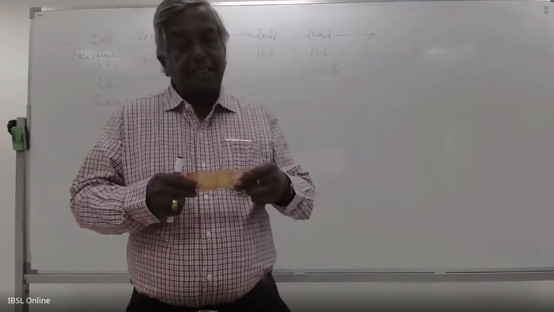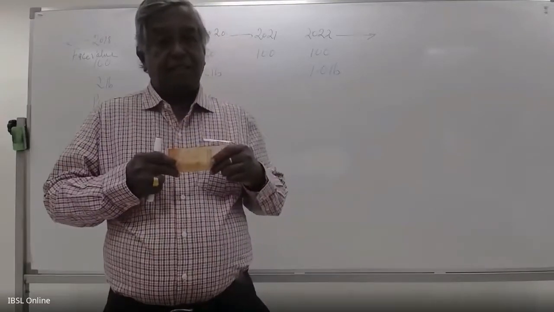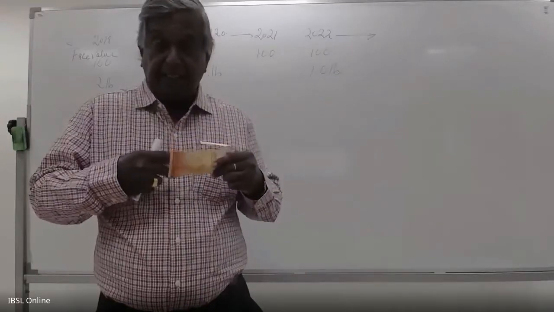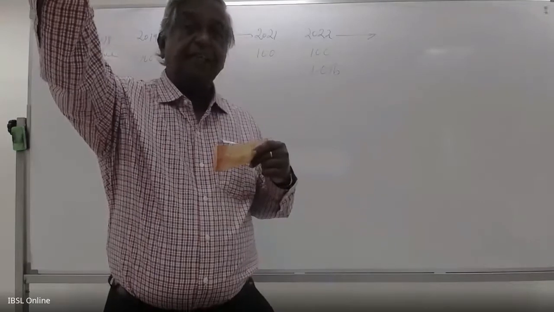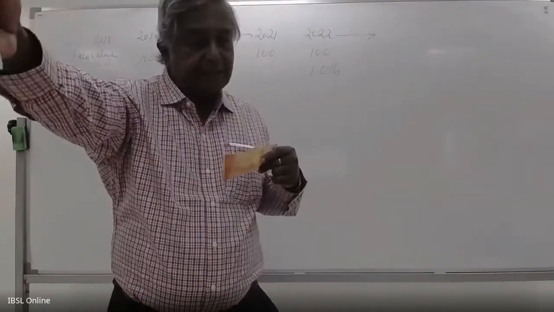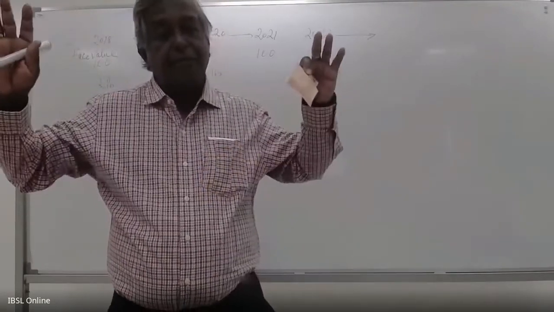The 100 rupees I am having now is worthier than the 100 rupees I may receive at a future date, because the real value or the purchasing value of money is getting diminished. This is time value of money.